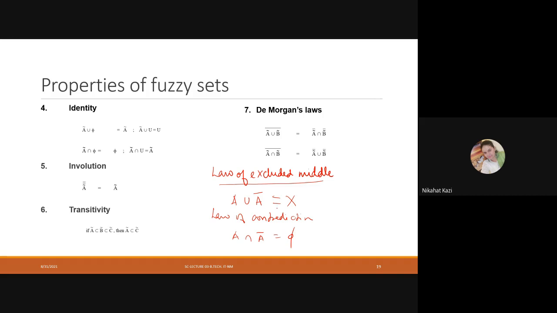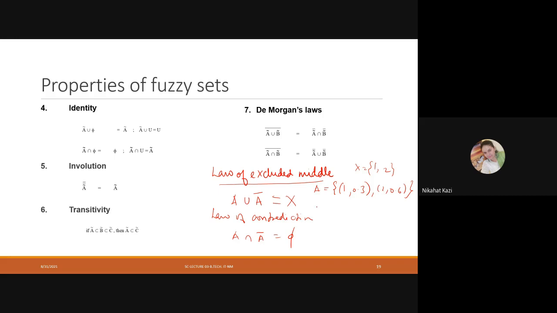Let us take one simple, very small example. A is 1, 0.3. Assume the universe is 1, 2. Now, what is A complement?